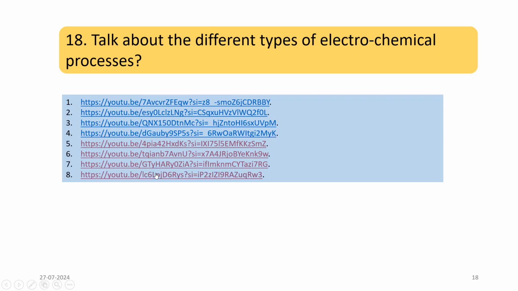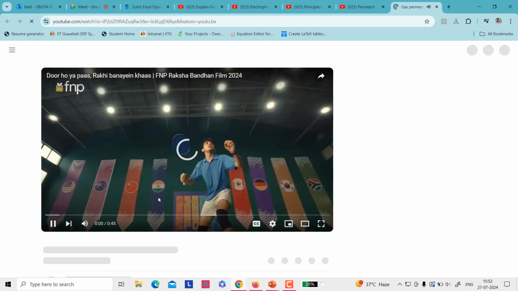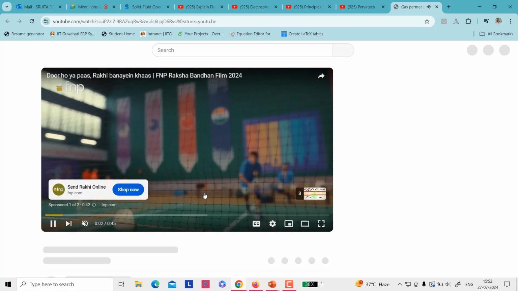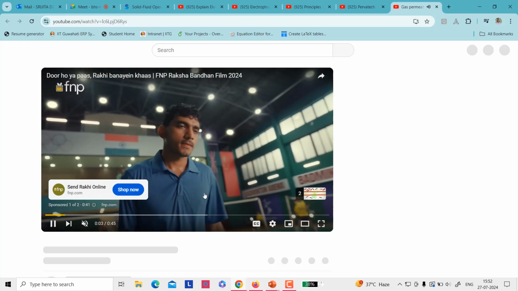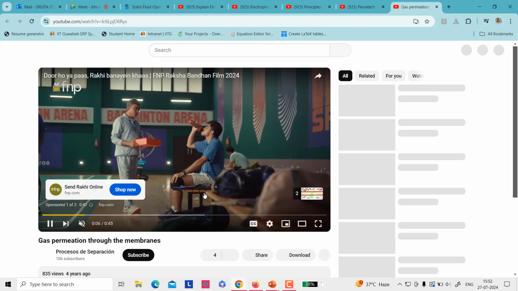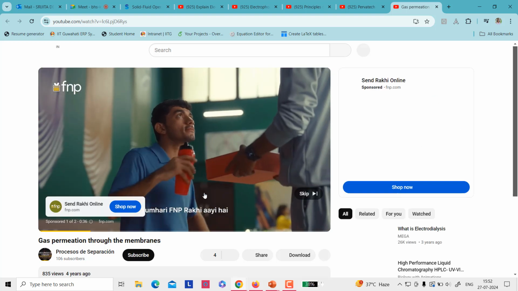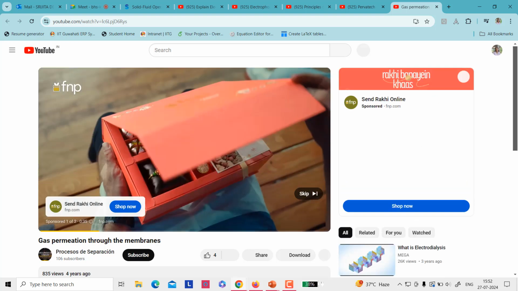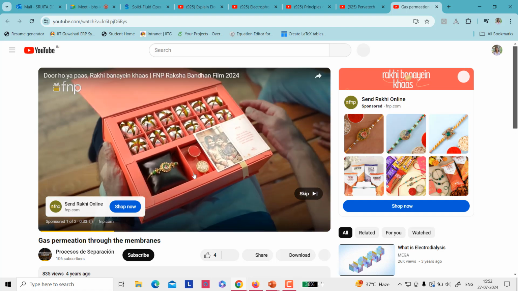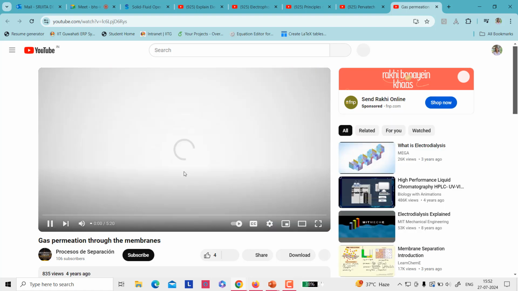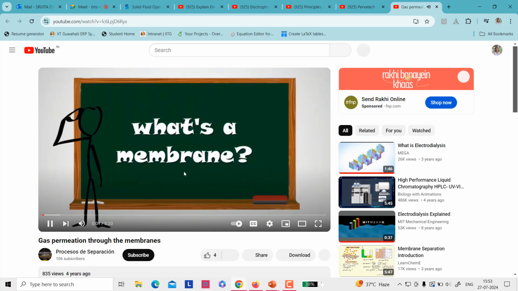The last one is gas permeation. What's a membrane?